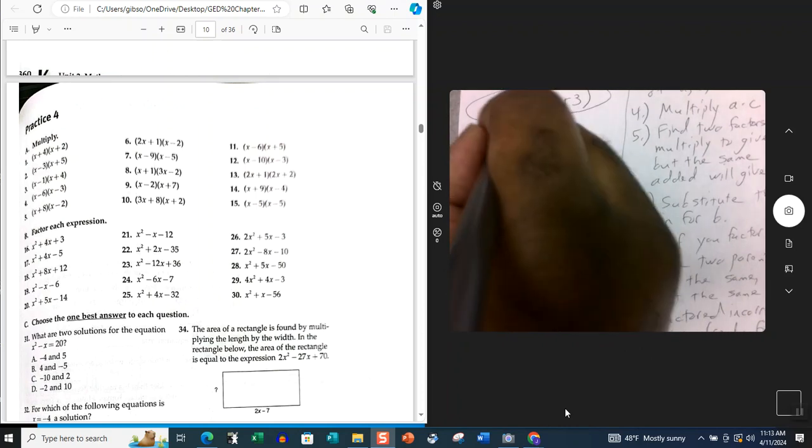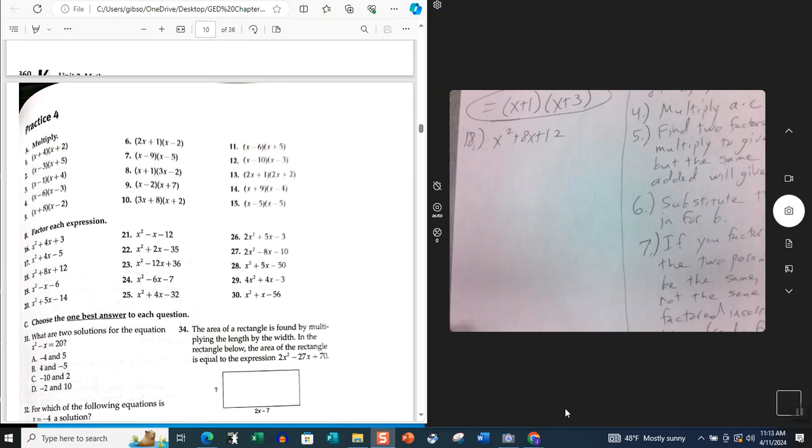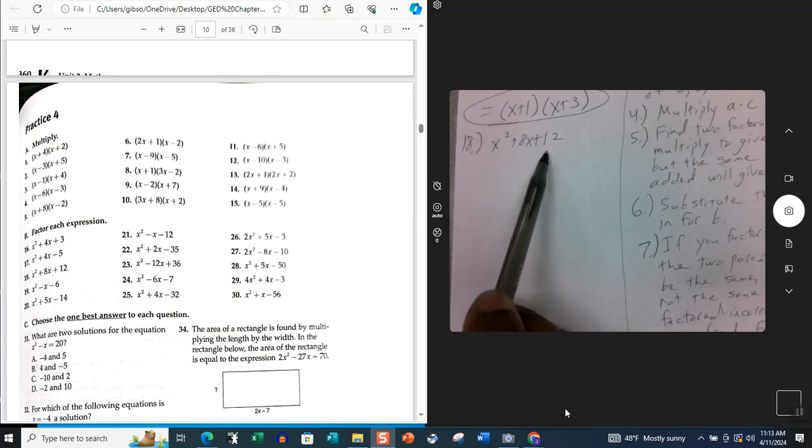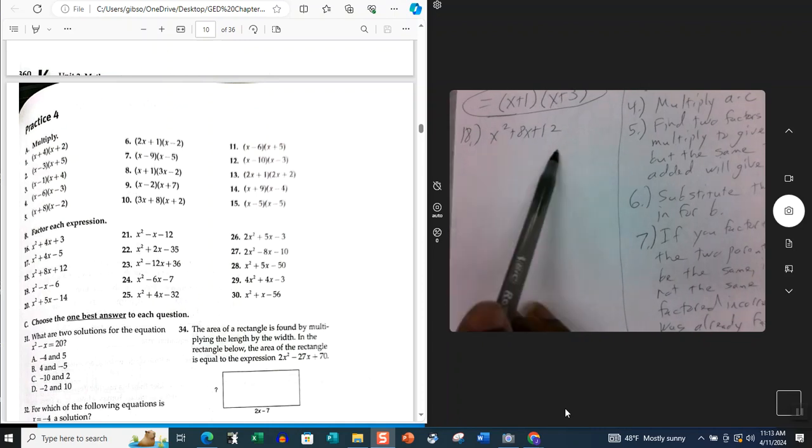Okay, 18, we had x squared plus 8x plus 12. Now, if you notice, this is already set up in ax squared plus bx plus c. So that's good. So step 1 is okay. Step 2, we see if we can factor anything out besides positive 1. We cannot. Okay, now we move on to step 3.